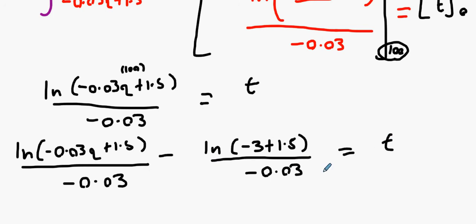And once again, if I give it a common denominator, then we end up back where we started, minus 0.03t.